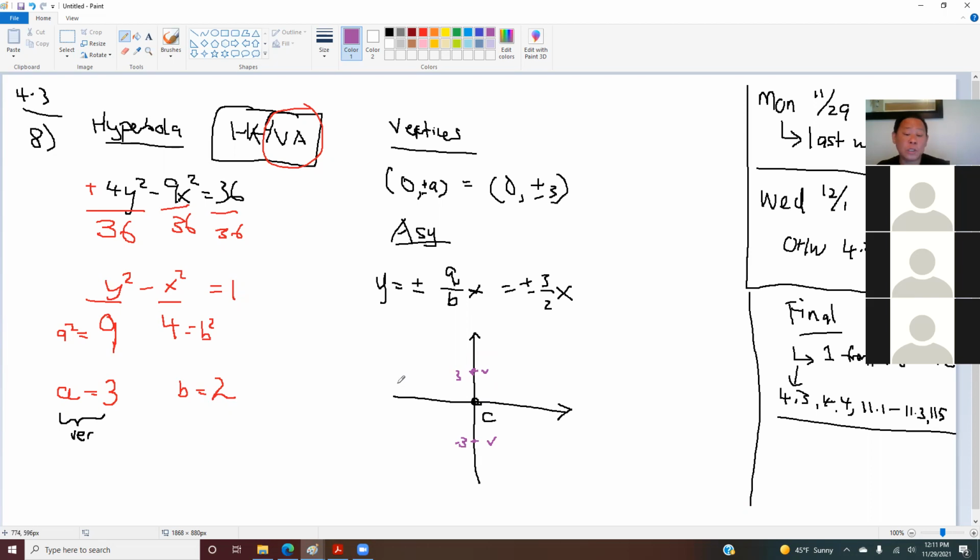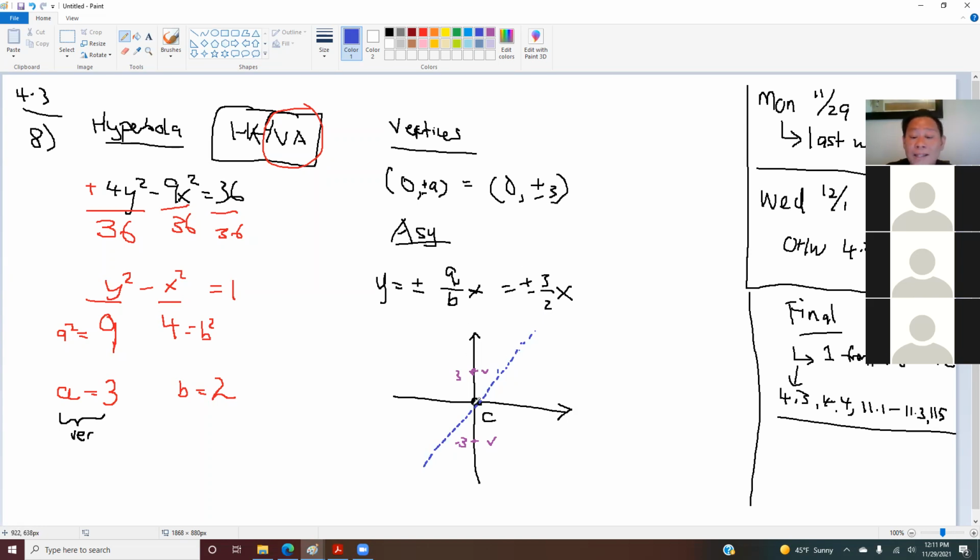Now, you need to have asymptotes of y equals 3 over 2x. So how do you draw 3 over 2x on the asymptote? 3 over 2 means your slope is positive. So you go up 3 and then you go over 2. So this is your first asymptote, which is y equals 3 over 2x.